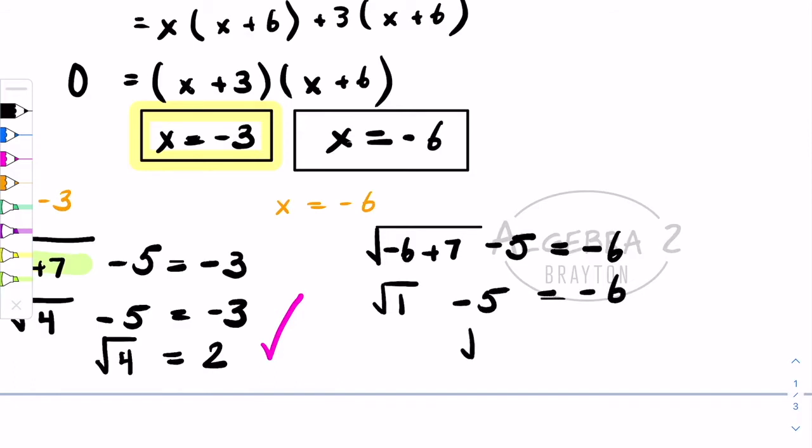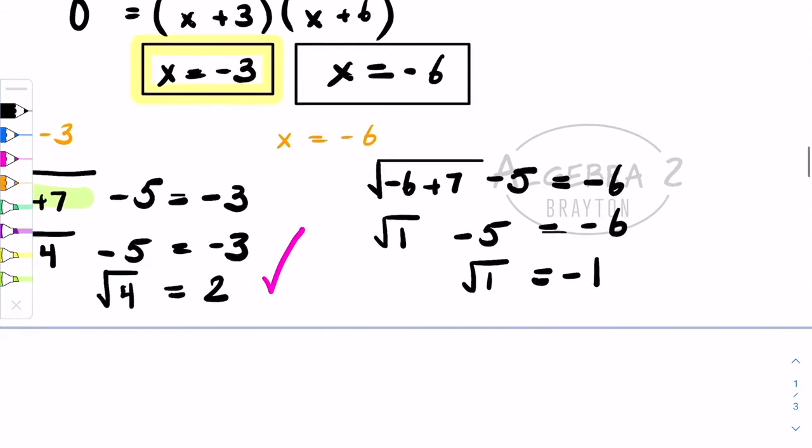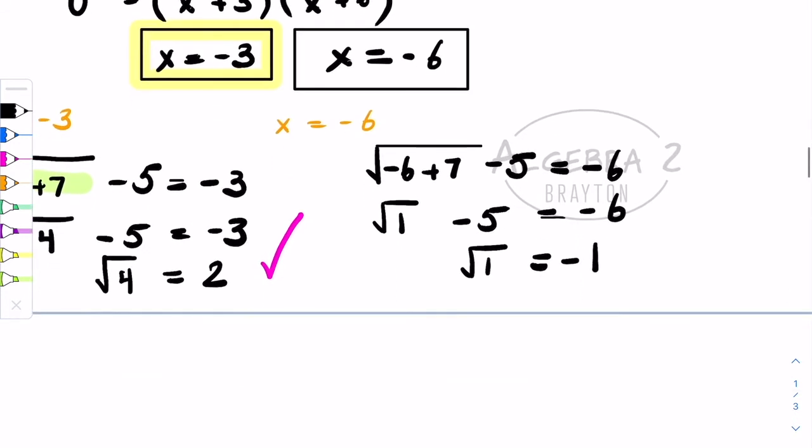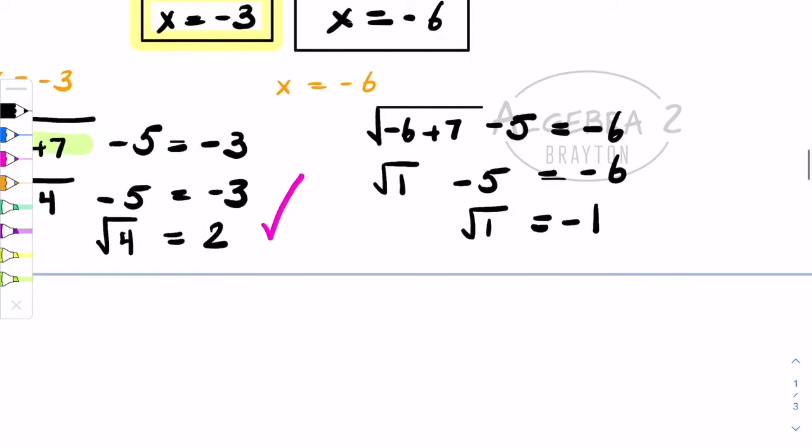Add 5 to both sides. The square root of 1 is equal to -6 plus 5, which is -1. The square root of 1 is 1, not -1. So this right here is not true.